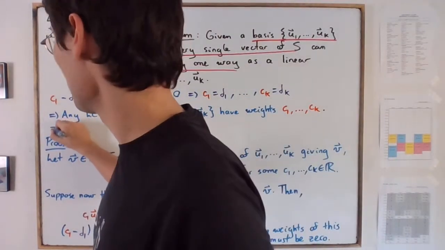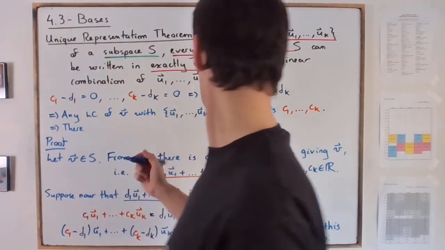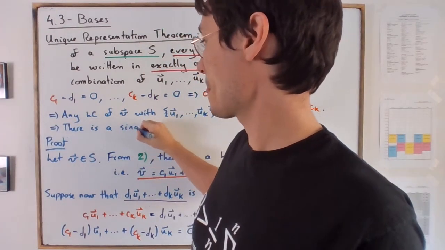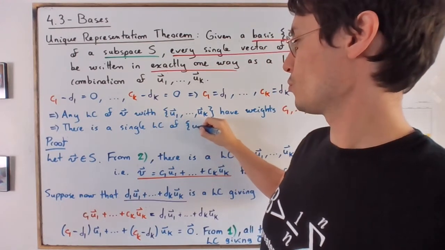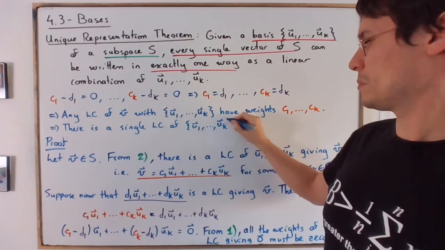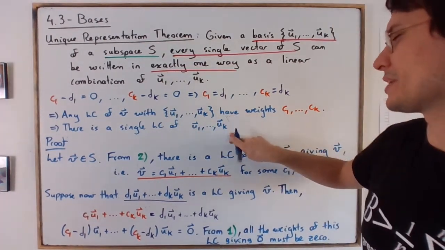So there is a single linear combination of U1 to UK giving the vector V, and this is what we wanted to prove.